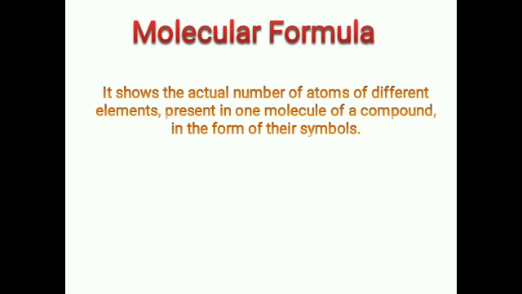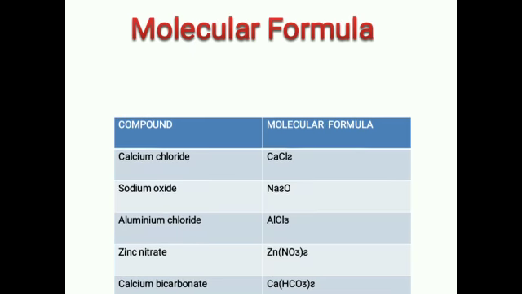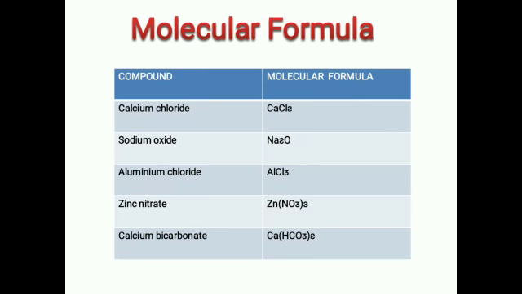A compound is a substance formed when two or more chemical elements are chemically bonded together. So what is a molecular formula? It shows the actual number of atoms of different elements present in one molecule of a compound in the form of their symbols. For example, calcium chloride, sodium oxide, aluminum chloride, zinc nitrate and calcium bicarbonate.